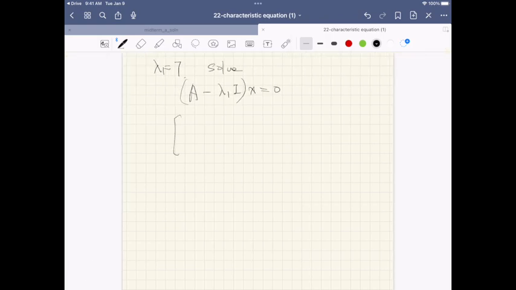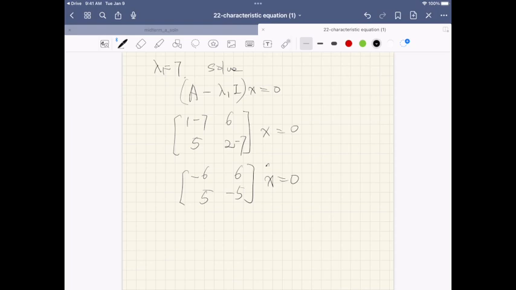For A minus lambda 1 I, we take 7 out from each diagonal entry and solve this. So -6, 6, 5, -5, x equals 0. And we can, of course, do the REF.